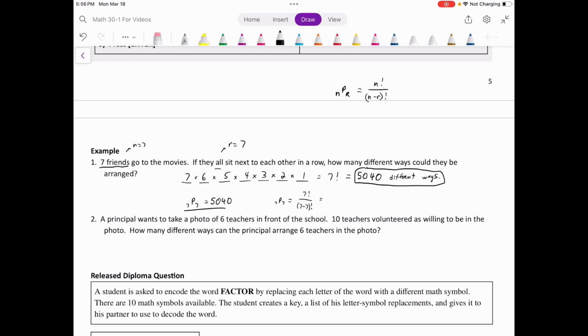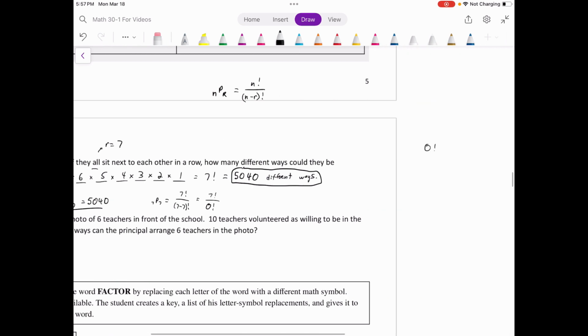Which gives us 7 factorial over, now 7 minus 7 is 0 factorial. We're going to talk about this. You might think, we're dividing by 0. This is going to seem weird, but 0 factorial actually equals 1.